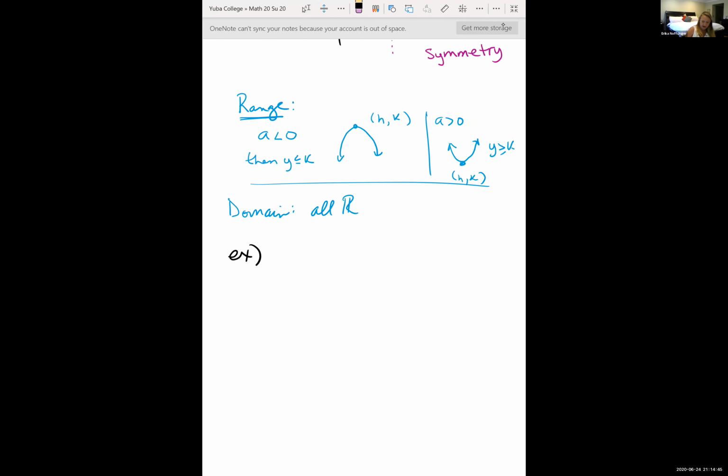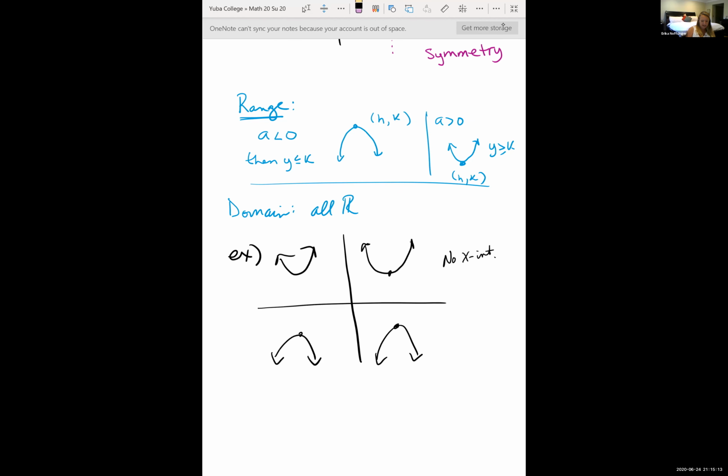But basically, if I had a parabola that fell above the x-axis and it was facing upwards, notice there's no x-intercept. Or if I had a parabola below the x-axis and it faced down, again, there's no x-intercept. Or it could be over here, up, or down here. But in any of these cases, it's never going to cross an x-axis.